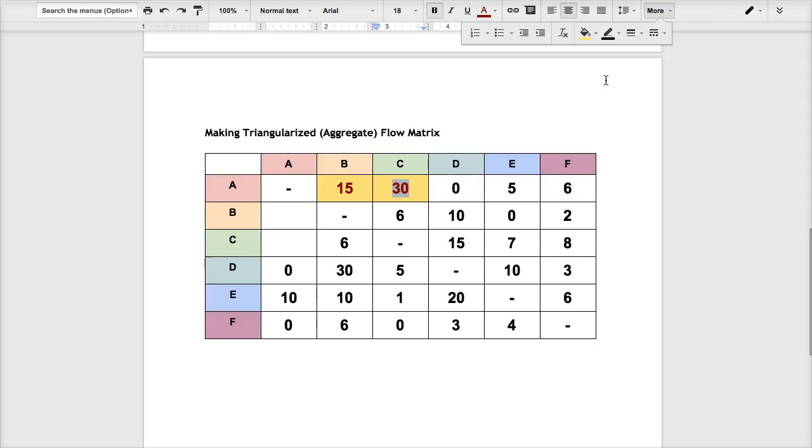At this stage, you're probably recognizing a pattern. Between each of these different pairs, every cell that I select on the top right-hand corner of this flow matrix, its corresponding number that we need to add together to get this aggregate pair is just whatever is opposite across this diagonal line of different hyphens.